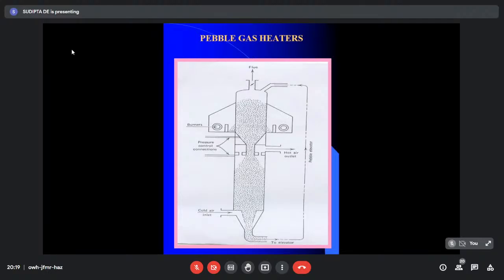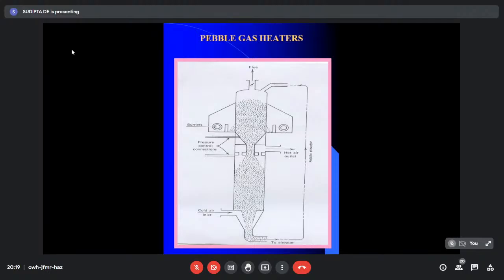Full stop. Higher the density of pebbles, or density, saying that might cause a little confusion. Higher particle density means how many particles in a given volume.